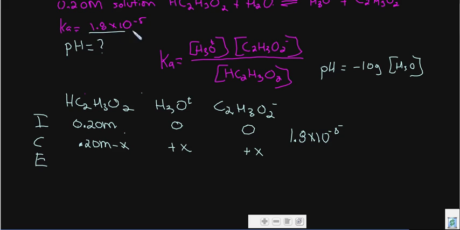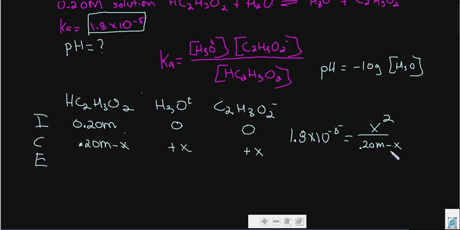We learned that up here, and so I'm going to insert that for my Ka, and I'm going to substitute in my factors from my ICE table in order to solve for x. And so on top, we're going to have x squared. On bottom, we're going to have the initial concentration of 0.2 molar minus x.